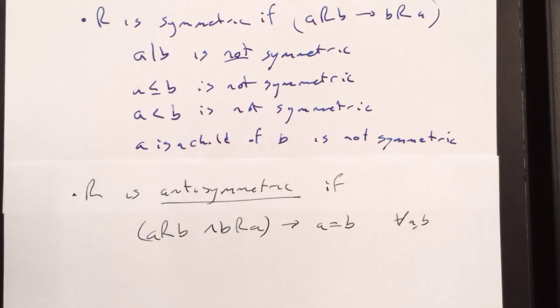Now, you might just think that if it's anti-symmetric, it's not symmetric. But that's actually not what this says. This says something a lot more than that. If A is related to B and B is related to A, then A and B are the same. The only way to be symmetric is for the two objects to actually be the same thing.